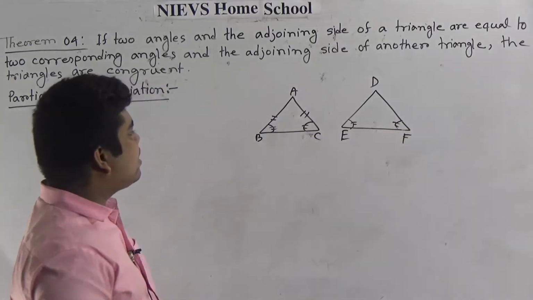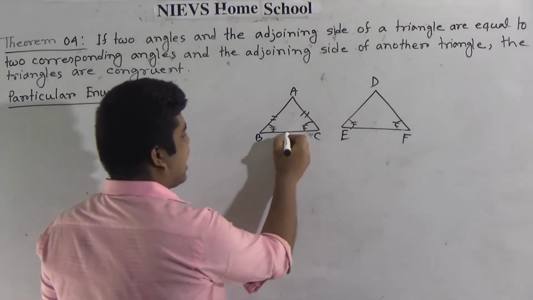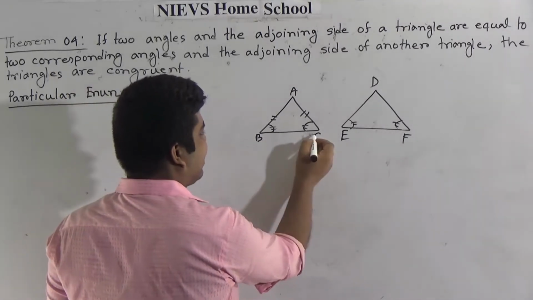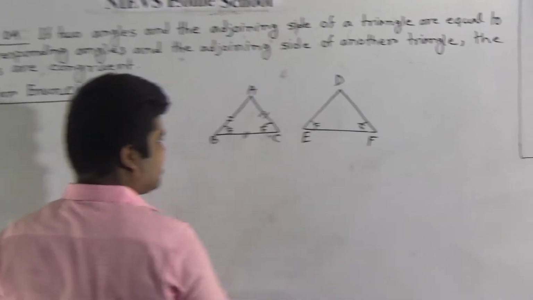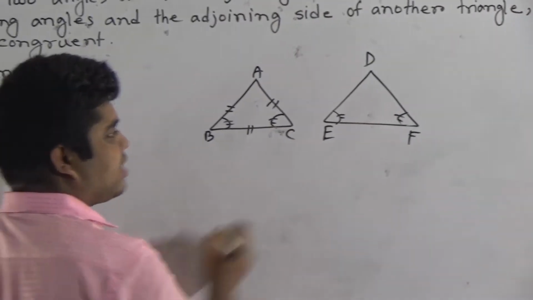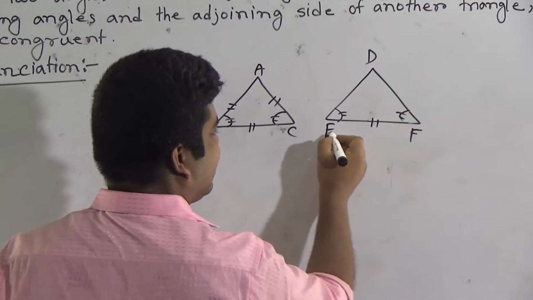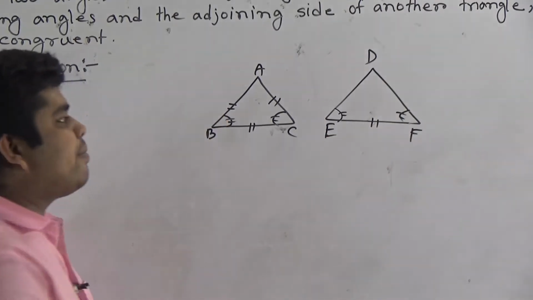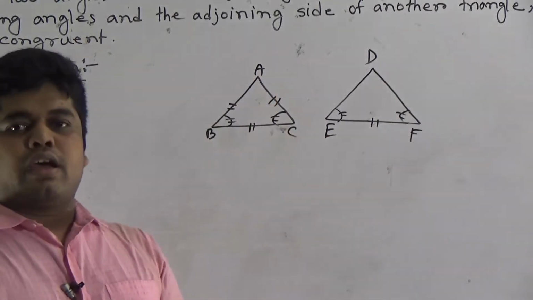And their adjoining side, that means of angle B and angle C, their adjoining side is BC, which is equal to the adjoining side of angle E and angle F. If this happens, then these two triangles will be congruent.